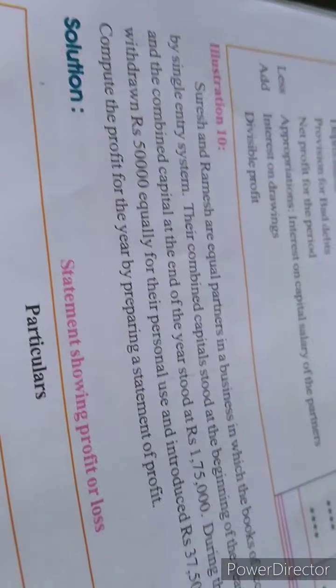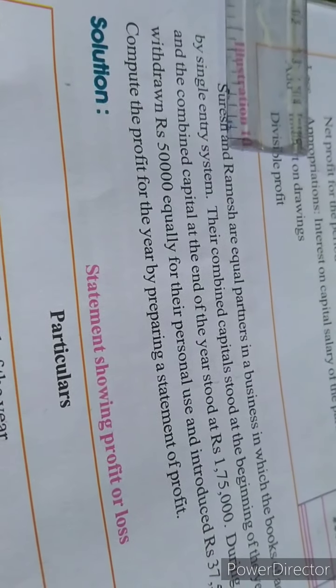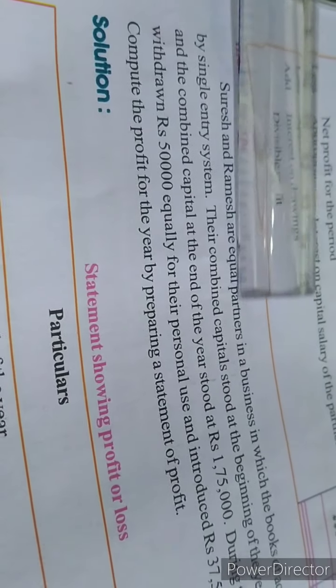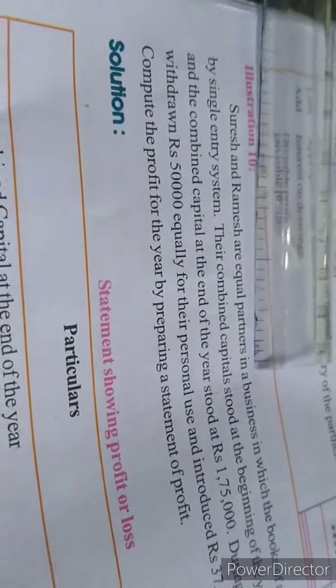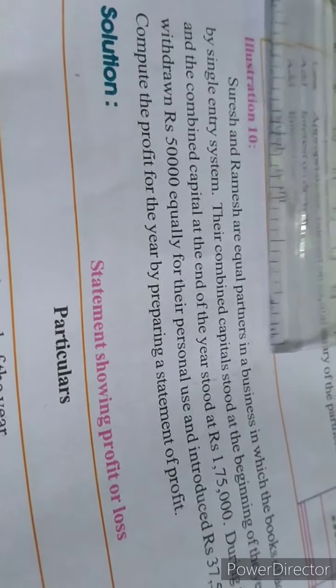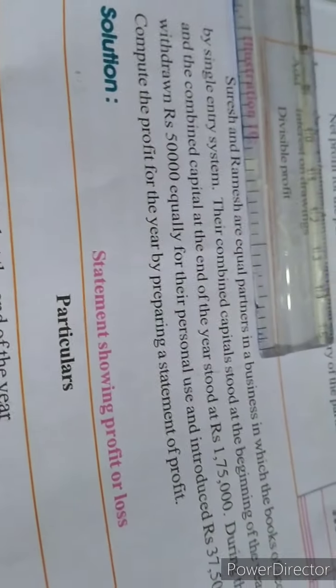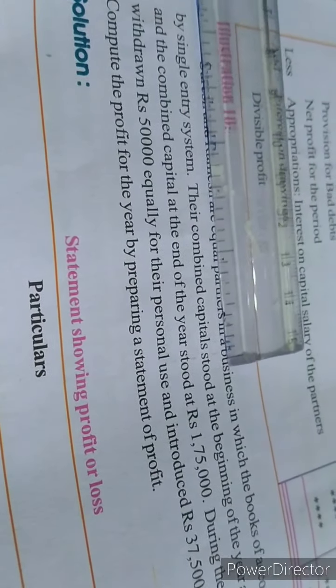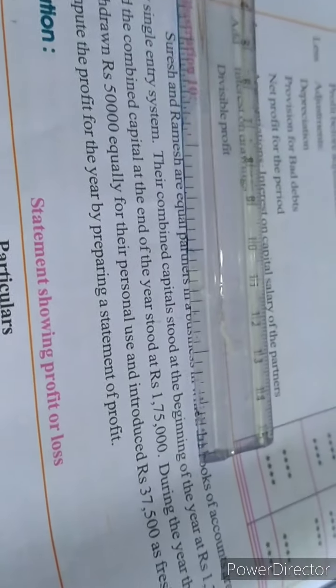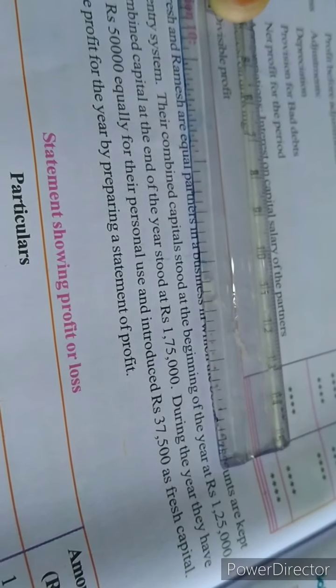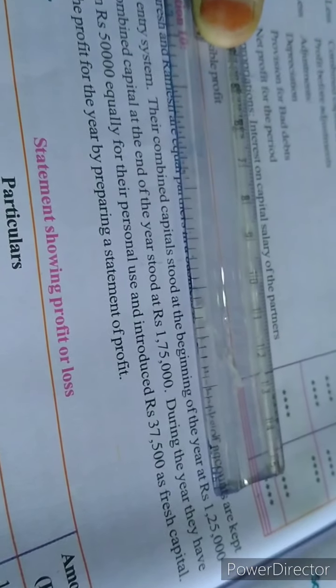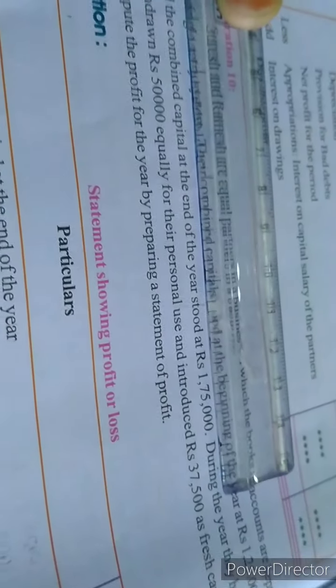We have Suresh and Ramesh. So we have two partners here, Suresh and Ramesh, who are equal partners. Means whatever profit or loss they'll be getting, they'll be sharing it equally. In a business in which the books of accounts are kept under single entry system, their combined capitals, so both of them together, if we add their capitals, at the beginning it was 1,25,000.